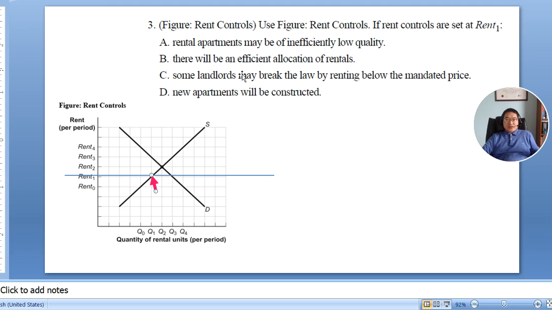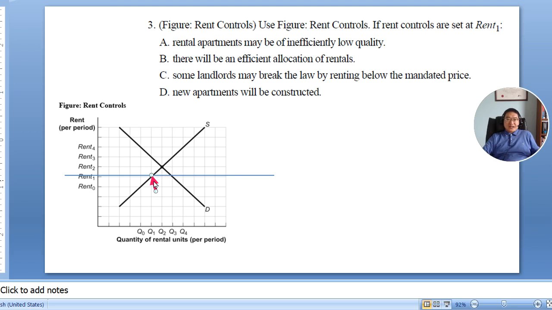But also, the landlords, why are they in the market? They are in the market to make some money, right? And you will learn, they at least try to make a zero economic profit, right? At least try to break even. So when the market price is not enough to pay for their cost, they reduce the quantity.